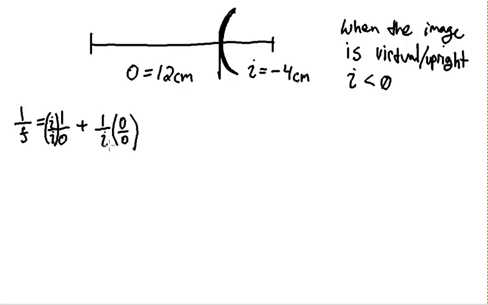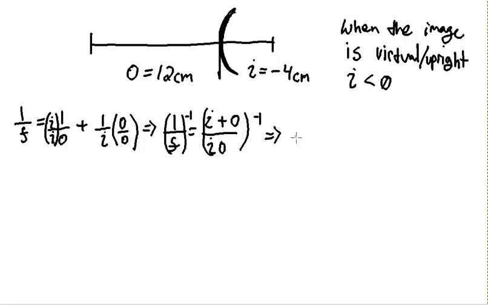This way we'll have a common denominator of I times O. That gives us the inverse of the focal length is equal to I times 1 is I, plus 1 times O is O, divided by I times O. Alright, we're almost done. We just got to invert our fractions here by taking them to the -1th power.